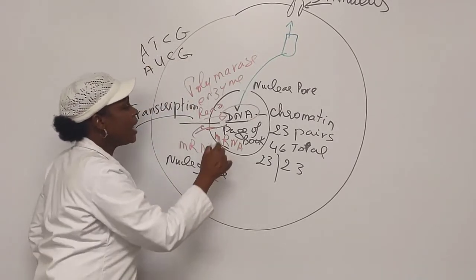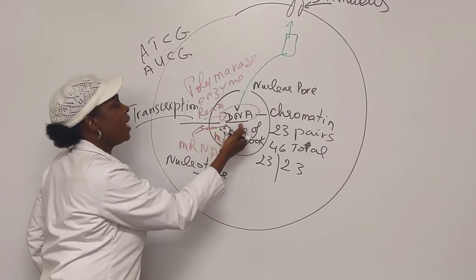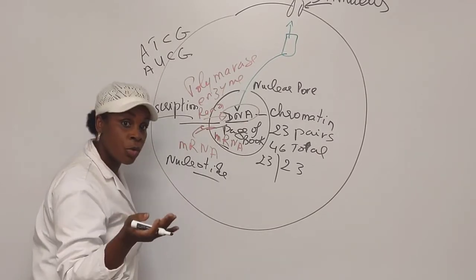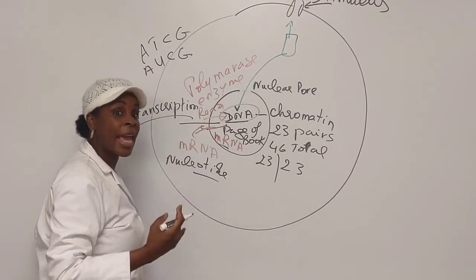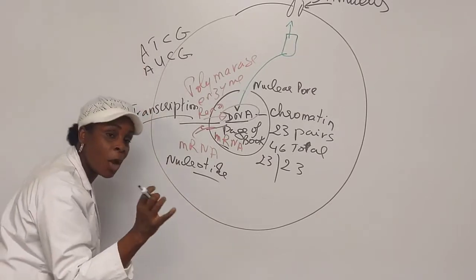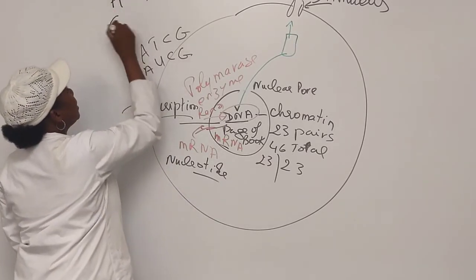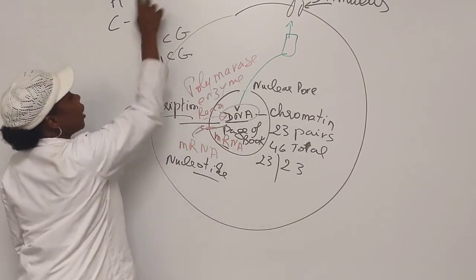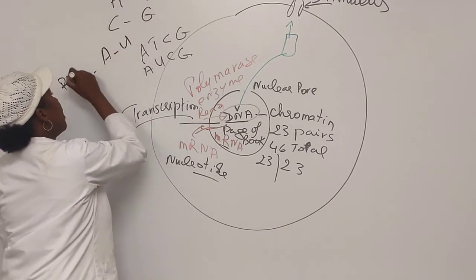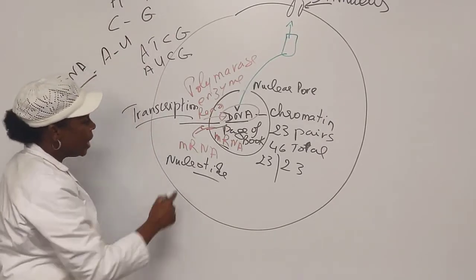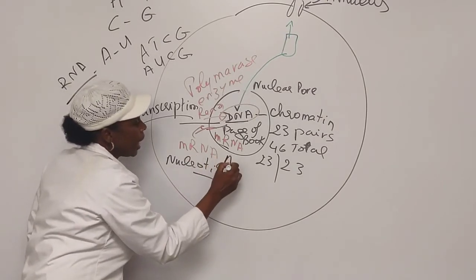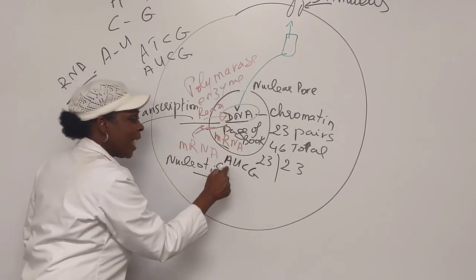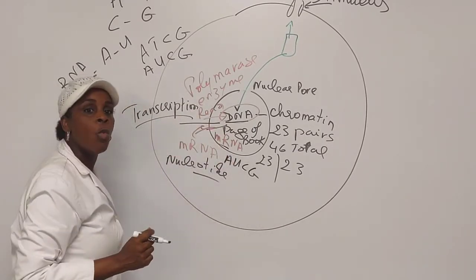So that means that anytime the polymerase sees a T in the DNA, it will pretend that it's a U. So whatever corresponding will come will be A, because you understand that in DNA pairing, A always goes with T, C always goes with G. But in the RNA, because there's no T, the A will go with the U. That's why in this mRNA we'll see A, U, C, G, but in the DNA we'll see A, T, C, G in the same place.